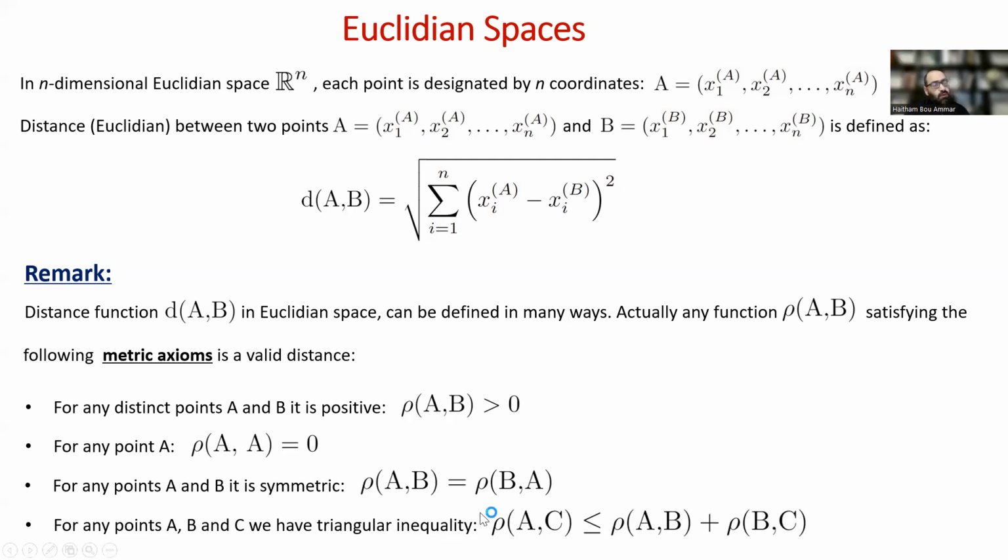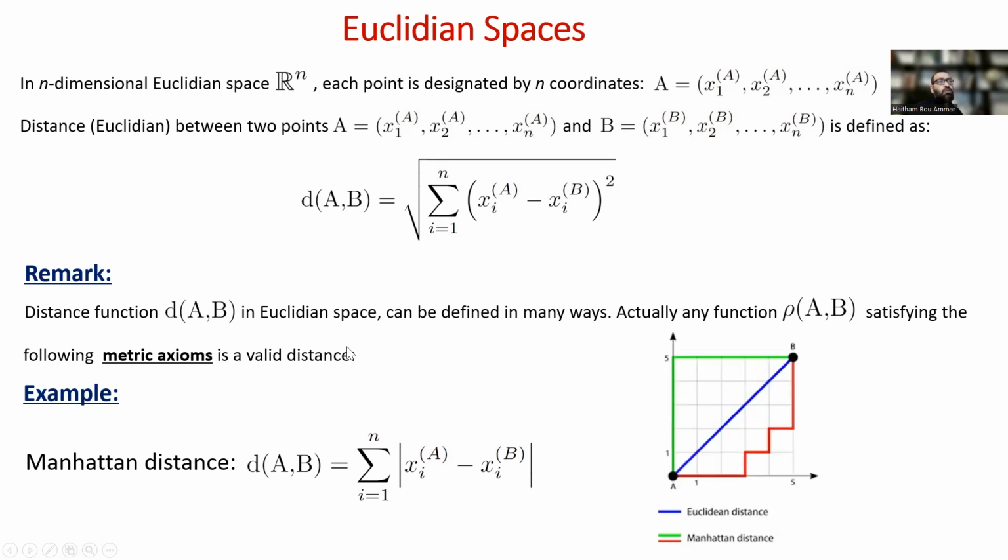This triangle inequality is saying that if I give you 3 points, A, B, and C, the rho between A and C should be less than the rho between A and B plus the rho between B and C, okay?